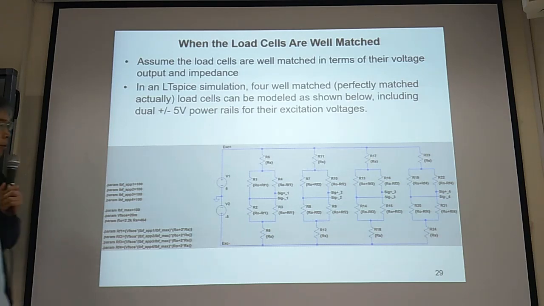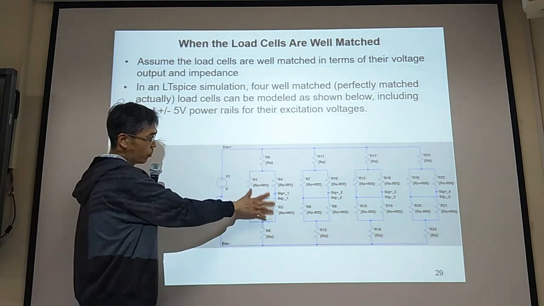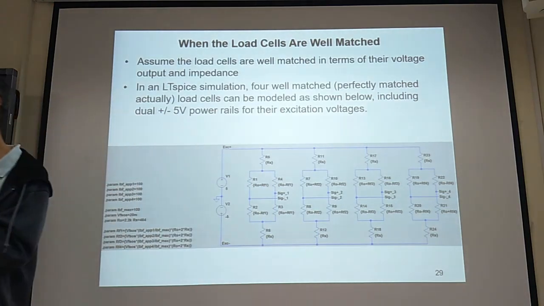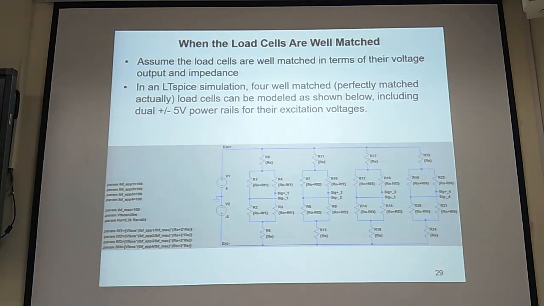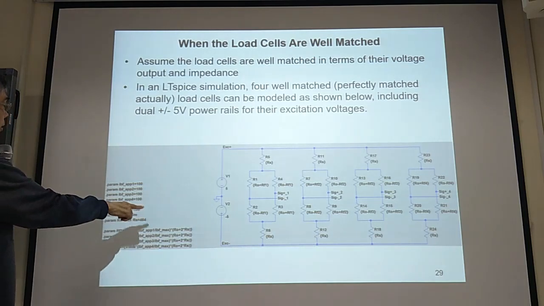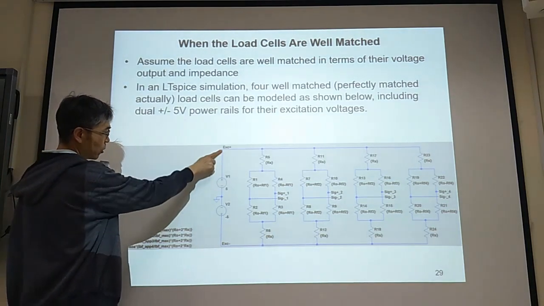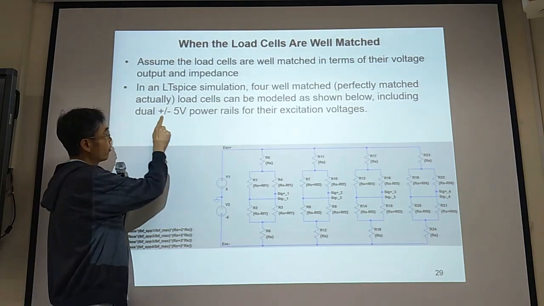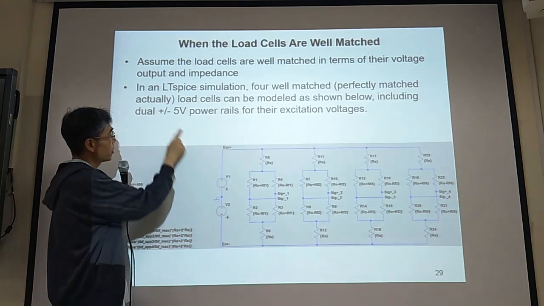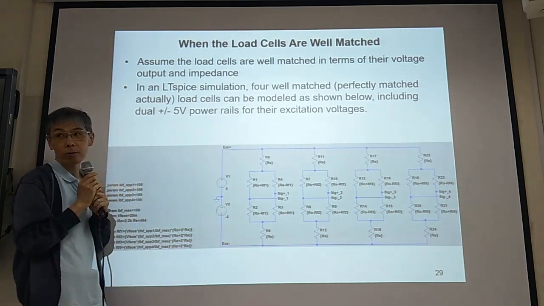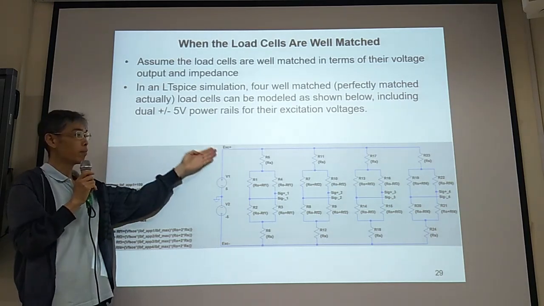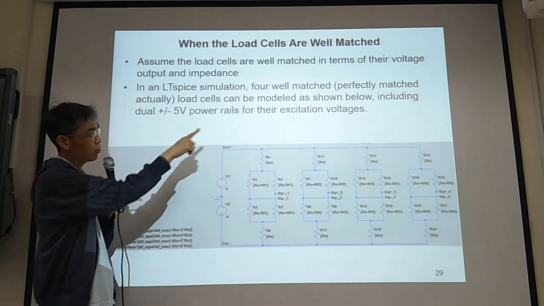And their impedance, assume every resistor has no tolerance, so their impedance is also well matched. So now for this one, we have the 5 volt positive rail. The negative rail is minus 5 volt. The dual rail power excitation voltage.